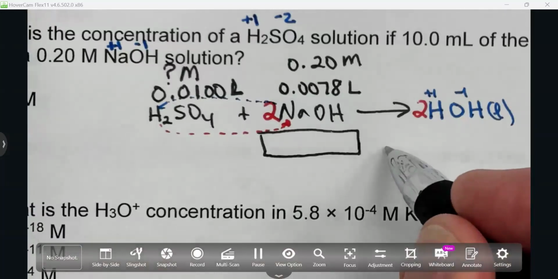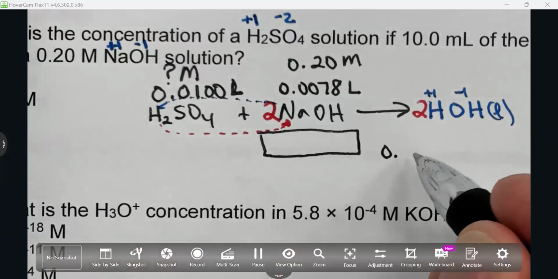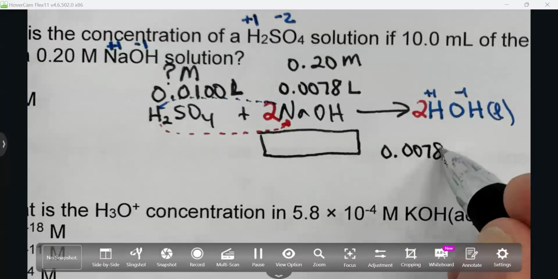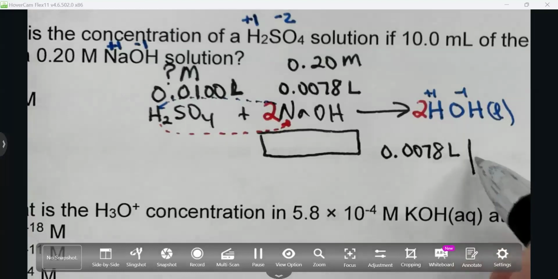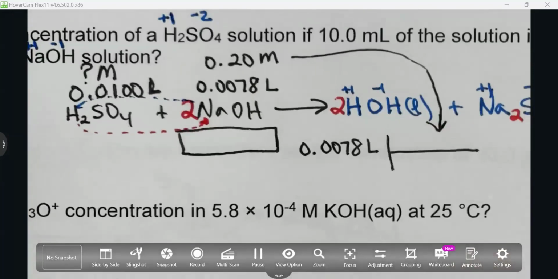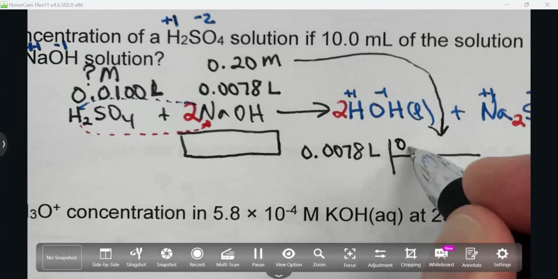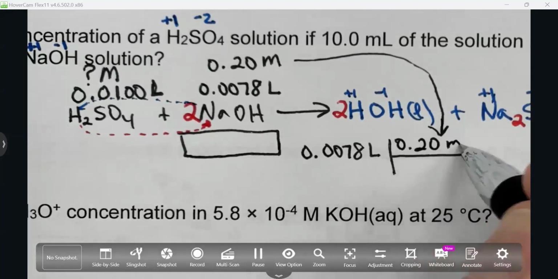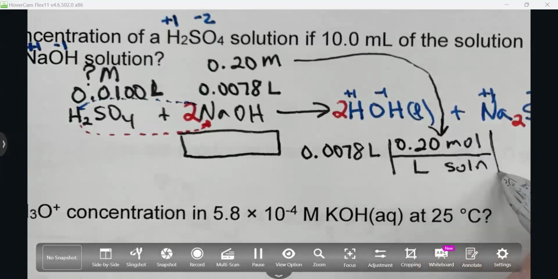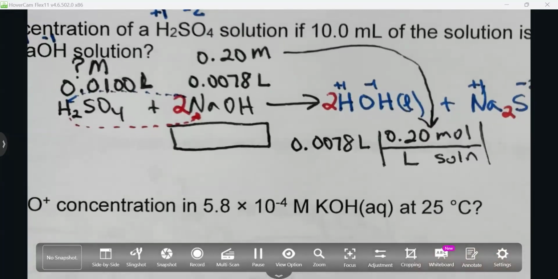Well, I can get that. This is nice. This problem, I don't need a periodic table. I have 0.0078 liters of solution. And my molarity is 0.2 moles per liter.